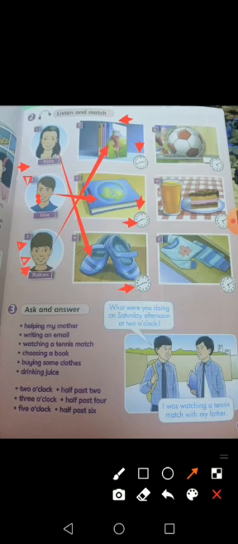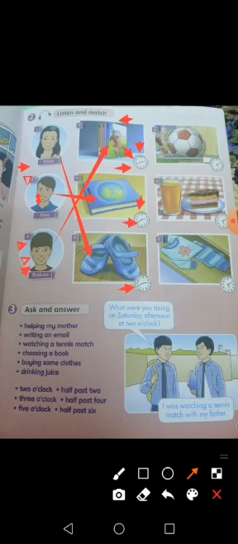At 20 to 3. Look, 20 to 3. Can you see the clock? Okay, so Rakan was choosing what? A computer game. He said, I was choosing a computer game. He used what? Past continuous, okay? So again, let us listen.